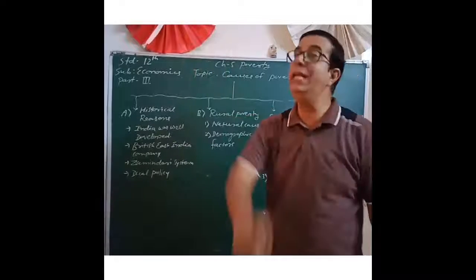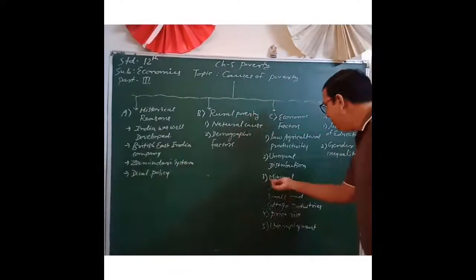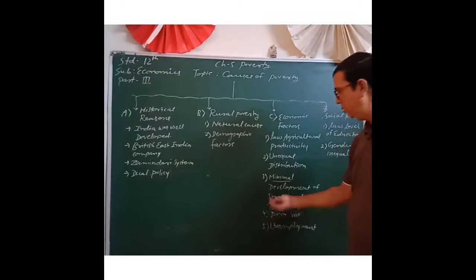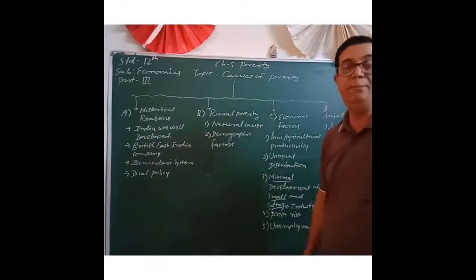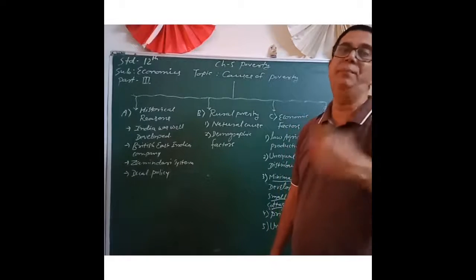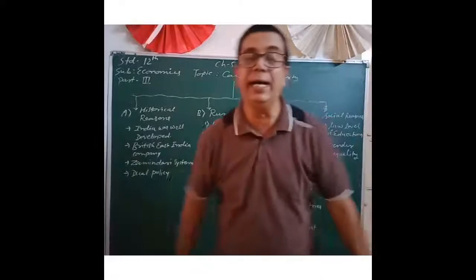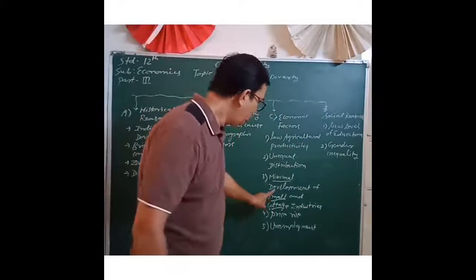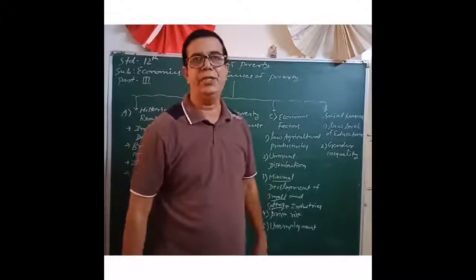And in rural areas, there is minimal development of small and cottage industries. Small and cottage industries are the main source for generating employment. But in rural areas, there is less development of cottage and small industries.